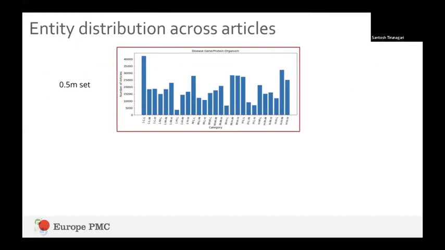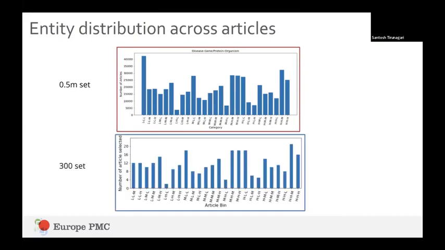If you see this distribution carefully, we see a pattern here, and we discarded the low mentions of the entities here, because we didn't want articles with low mentions, and they also have a very high number of representatives. So we discarded the low mention bins and then selected the 300 set in a stratified approach.